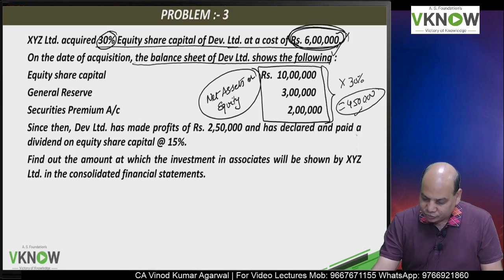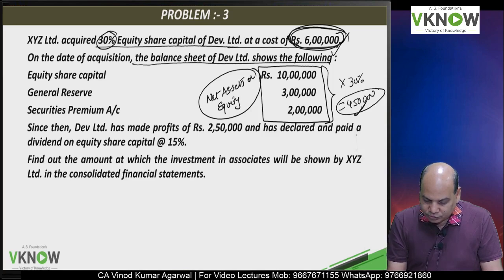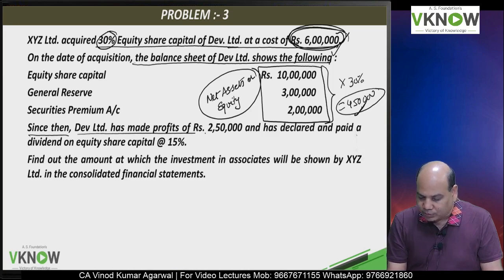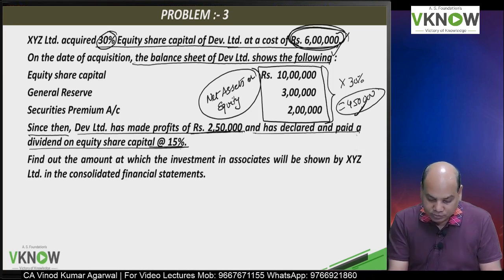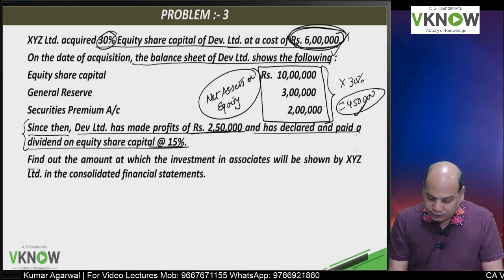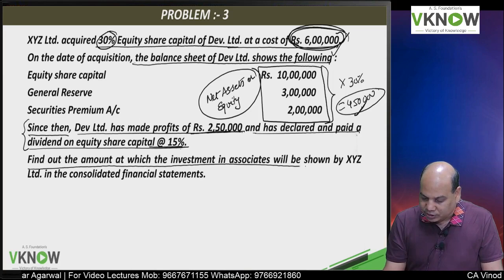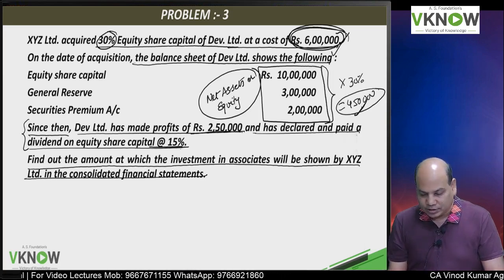Then since then they had made a profit of 2,50,000 and has declared and paid a dividend at the rate 15%. Same problem, this part. Only in this question goodwill is required. Find out the amount at which investment in associate will be shown in the consolidated financial statement.